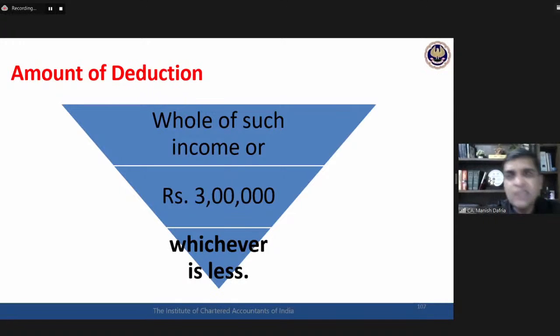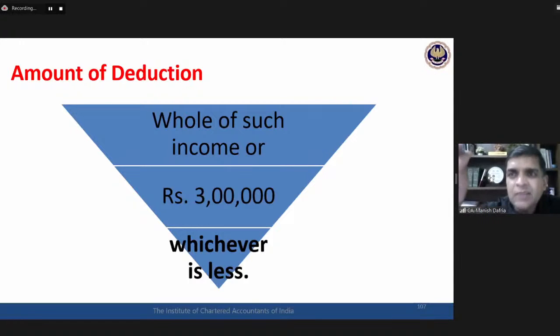Now, here again, we would like to highlight that point which we have discussed earlier in response to a query. Whenever we talk about income eligible for this exemption, that income means income after all expenditure. If this deduction would not have been there, how much income would have been taxable? Say, for example, there is this author who has written a book, got a royalty of around 4 lakhs.